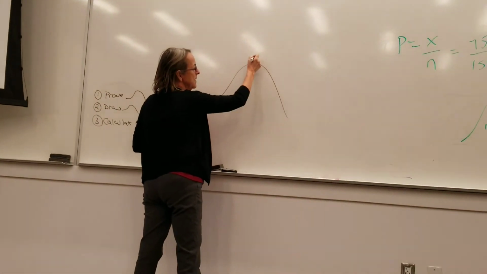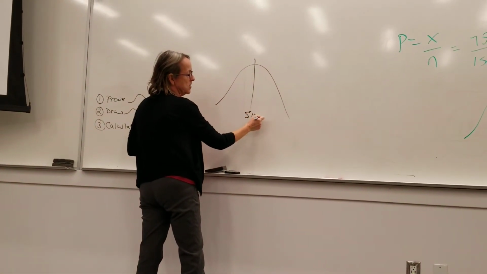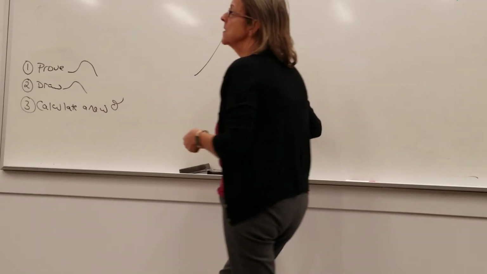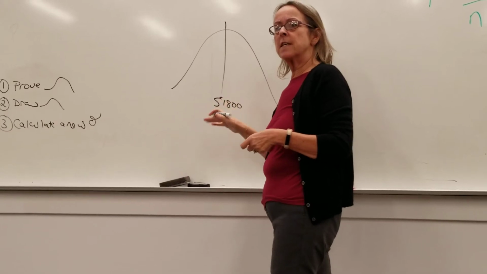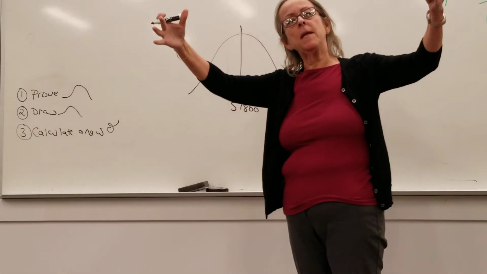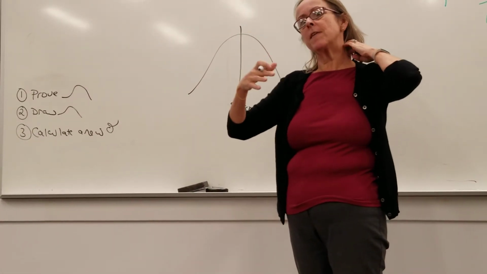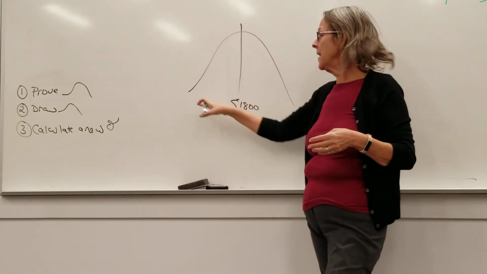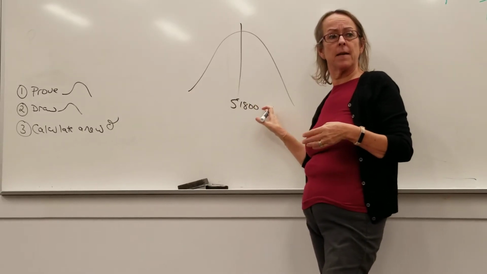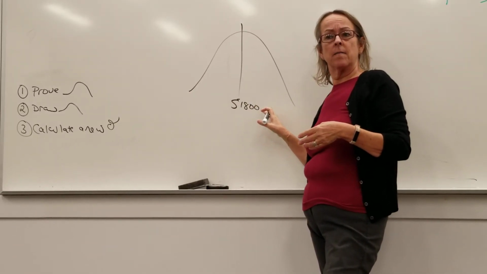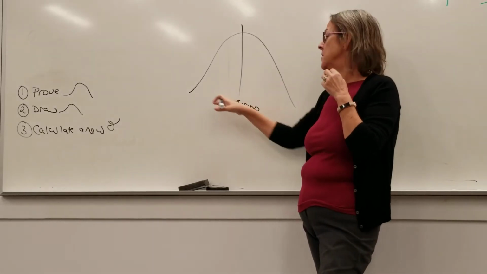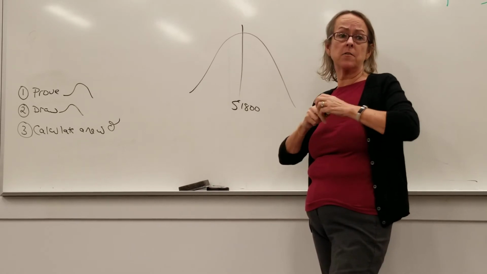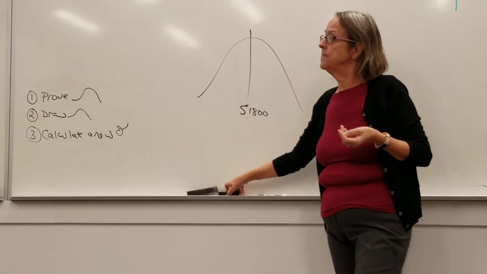If I decide that on average the managers make this much money, this distribution is going to say, when you take a group of 30 people, what are all the different values of X bar you could get? Well, that's the most likely, because that's the mean, right? But I could get something down here or something up here, couldn't I? Yes, right? So this is going to tell me all the different values of X bar I could come up with if I took a sample of 30.